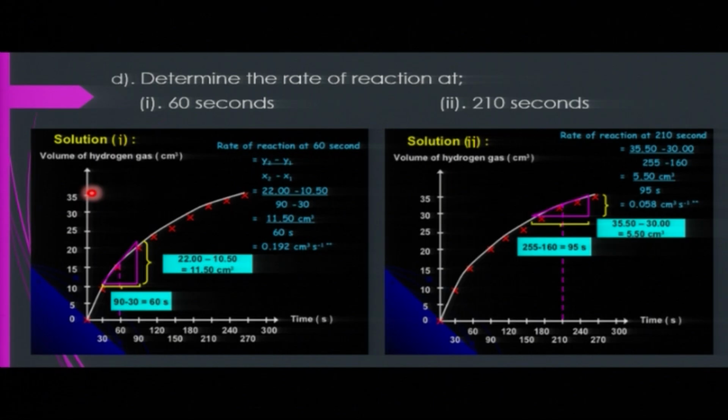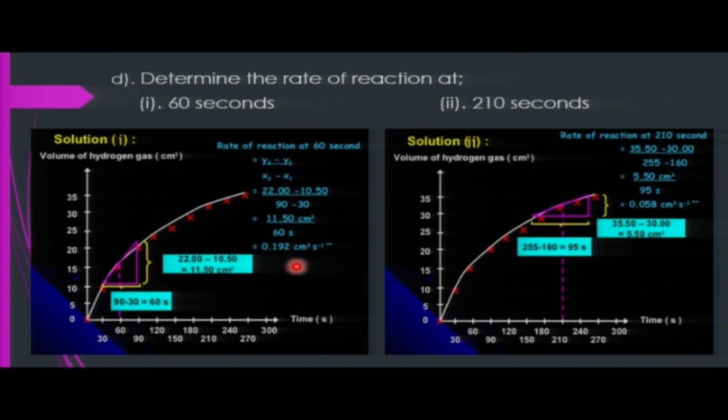The one at 60, you draw a line up to when it meets the curve, then you find the tangent at that point, or you find the slope at that point, which would be the y side and the x side, which directly gives you the value.